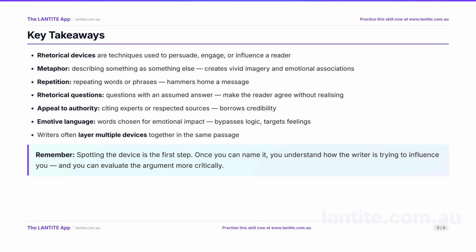Appeal to authority borrows credibility from experts or respected sources. And emotive language bypasses logic and targets feelings directly. Remember that writers often layer multiple devices together in the same passage. The key skill is recognition. Once you can name the device, you understand how the writer is trying to influence you, and you can evaluate the argument much more critically.